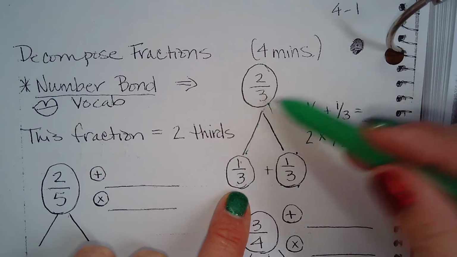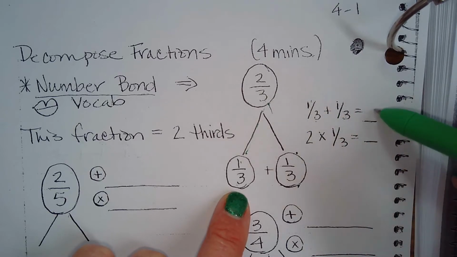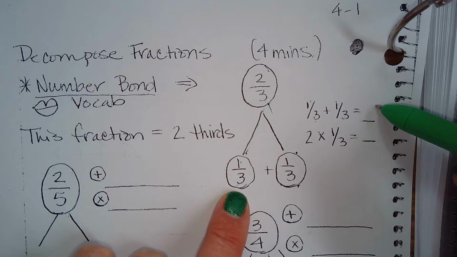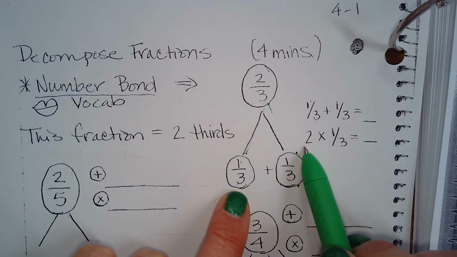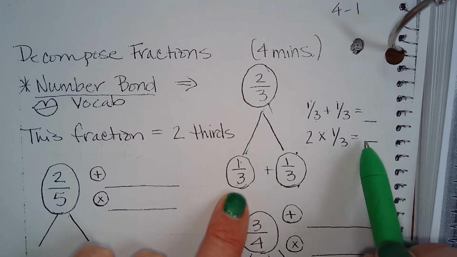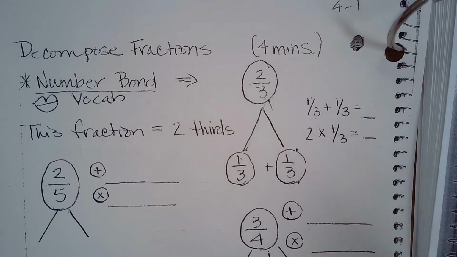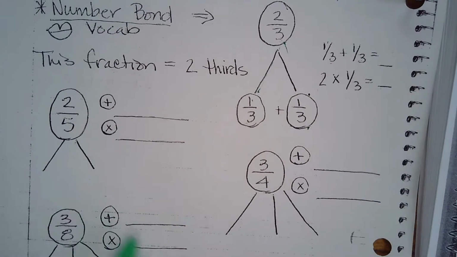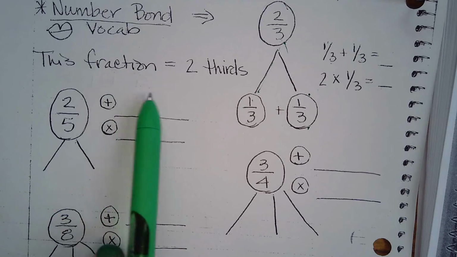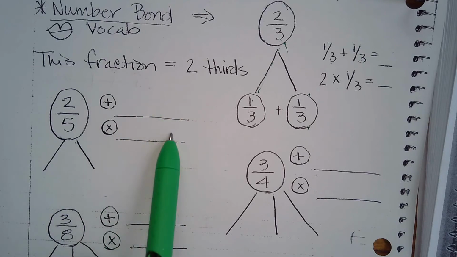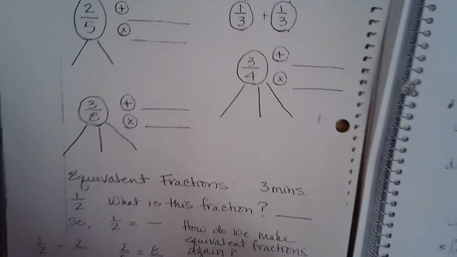So 1/3 plus 1/3 is equal to what? 2/3. And then 2 times 1/3 is equal to 2/3. Do you kind of get the idea here? You're going to pull it apart and then give me an addition sentence and then give me a multiplication sentence.